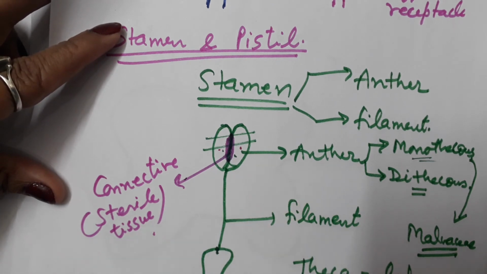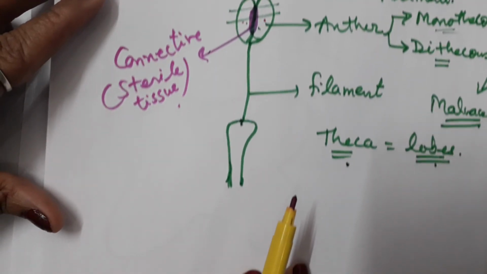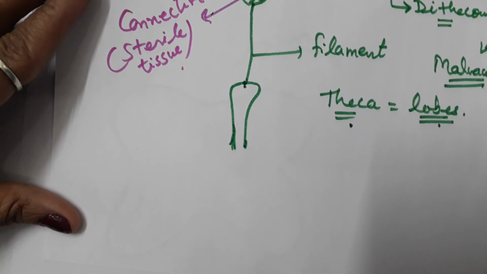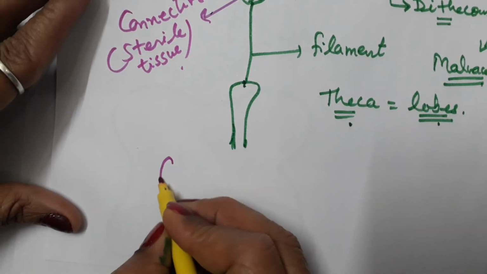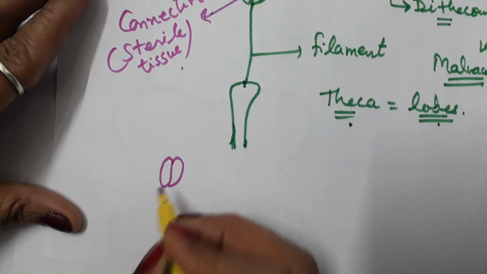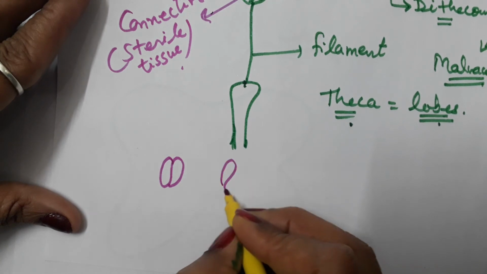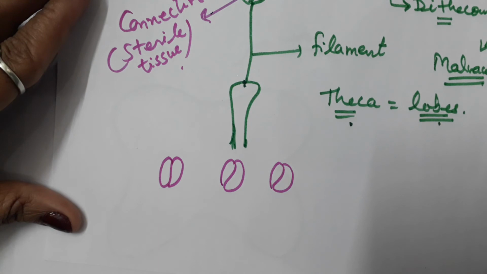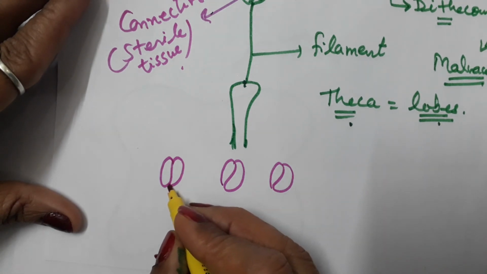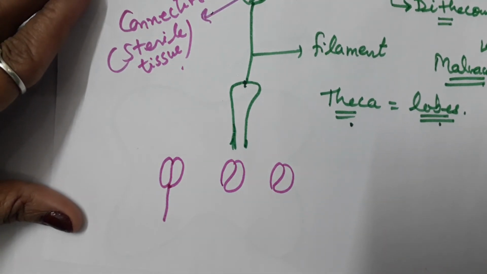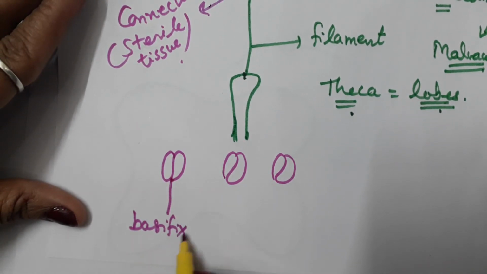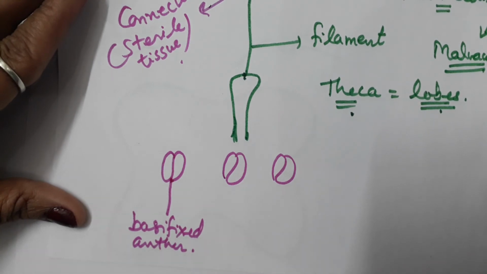The anther is attached with the filament. On this basis, four types of stamen we study. These are the anther lobes. Maybe the filament is attached with the base of the anther lobe. Then it is known as basifixed anther, or stamen.